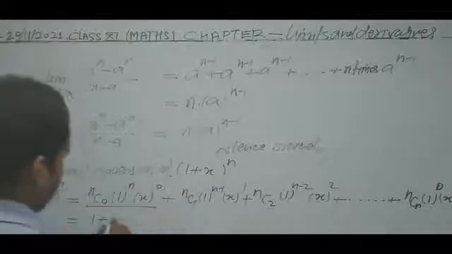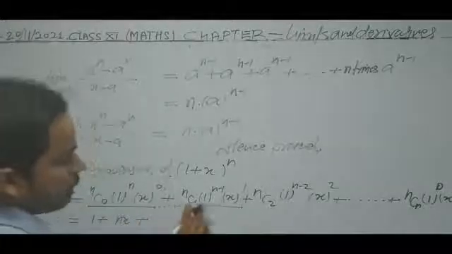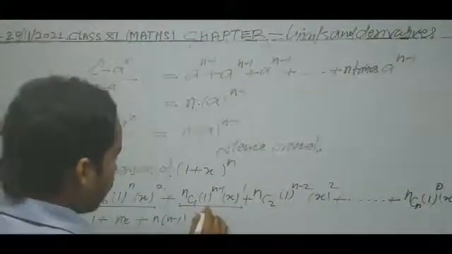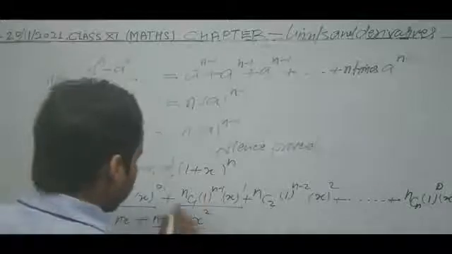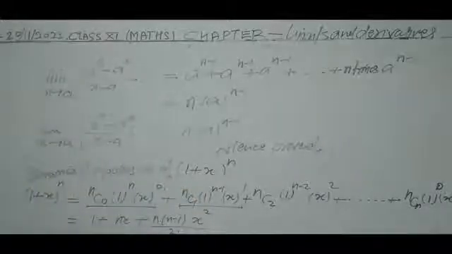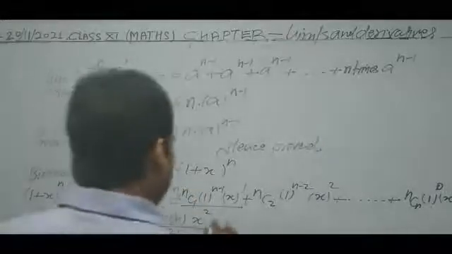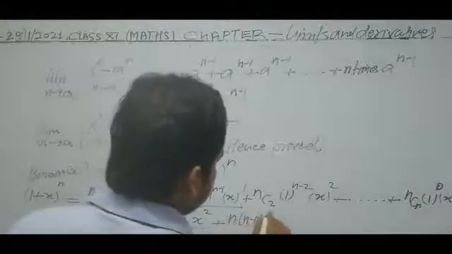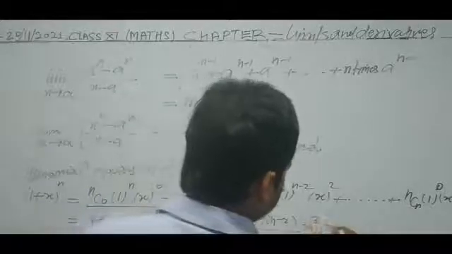And now this whole result is 1 plus nx, since nC1 is n, plus n into n minus 1 into x square upon factorial 2, plus n into n minus 1 into n minus 2 whole upon factorial 3 times x cube.